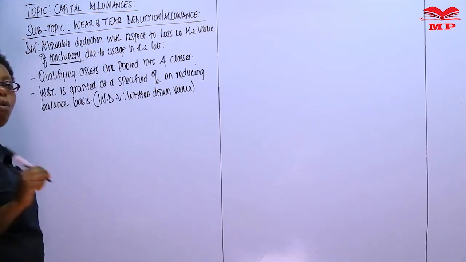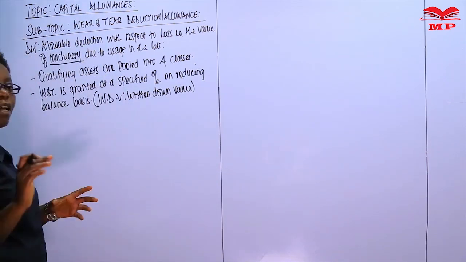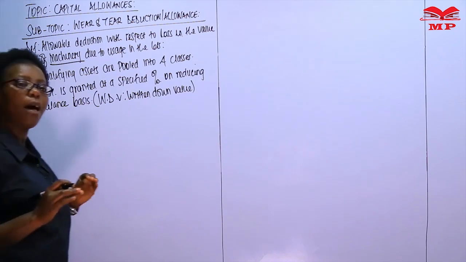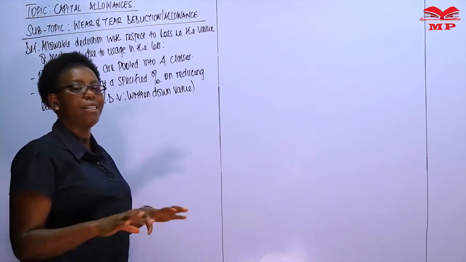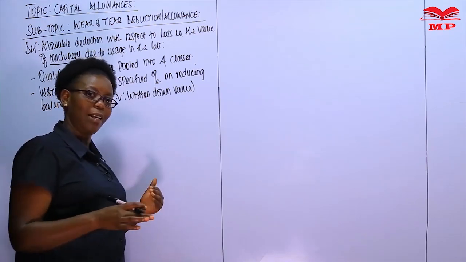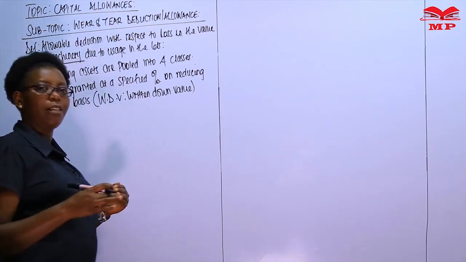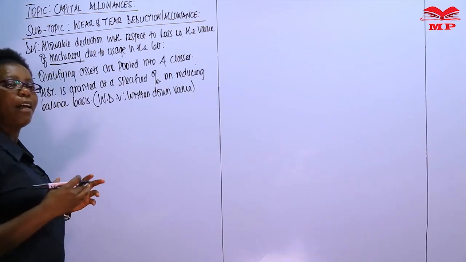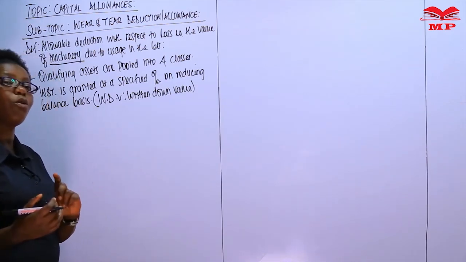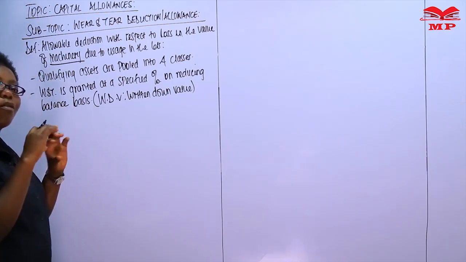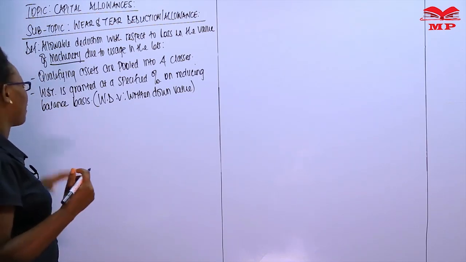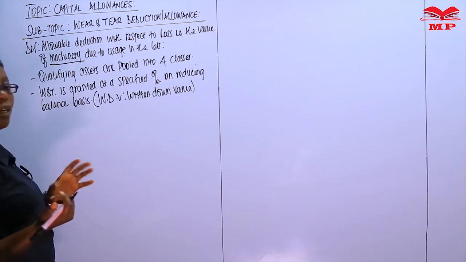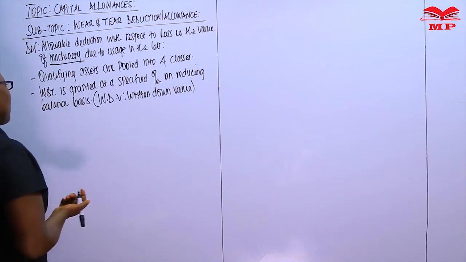Right. So we now want to group the machinery into the pools. Now remember, these pools are provided by the commissioner. So you cannot edit the pool, because like we had said earlier, capital allowances is governed by the Income Tax Act, the second schedule of the Act. So the Act has pooled machinery into 4 classes.